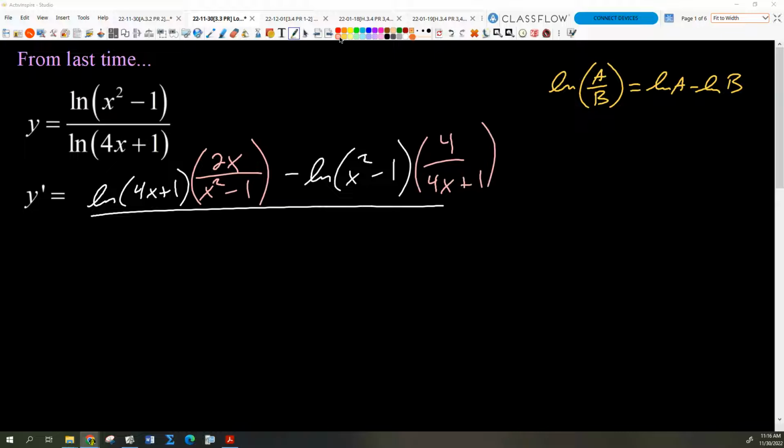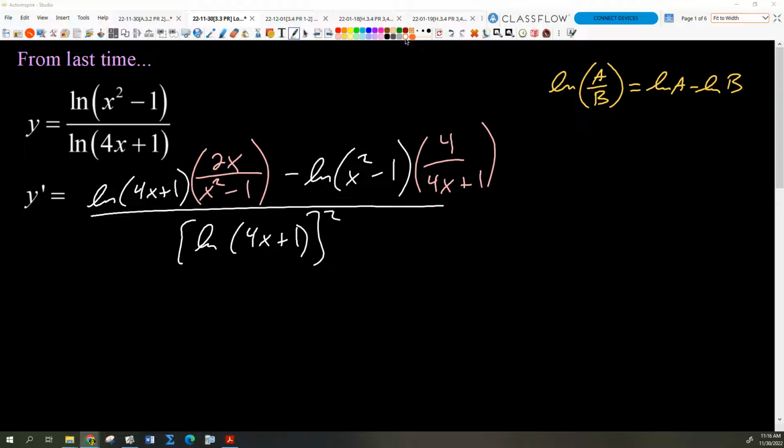Divided by low squared, which we're stuck just squaring that whole quantity, right? So we end up with natural log 4x plus 1 squared, and it's a mess, but that's what we get. And we won't even bother cleaning it up. There's really not a lot we can do to this one. It's going to look ugly no matter what we do.